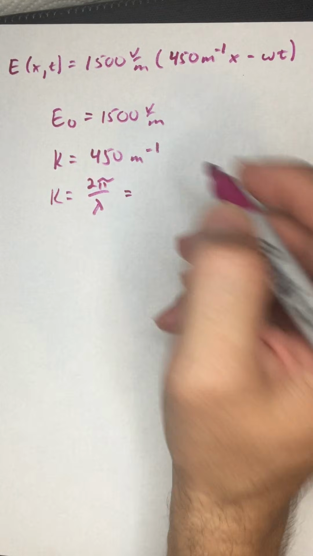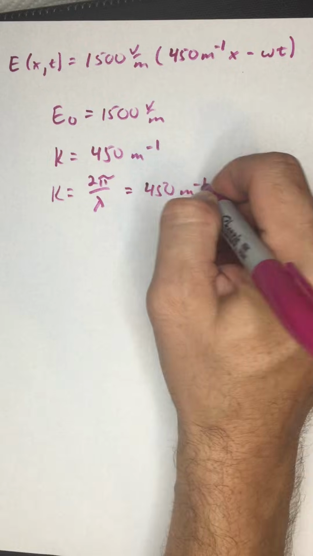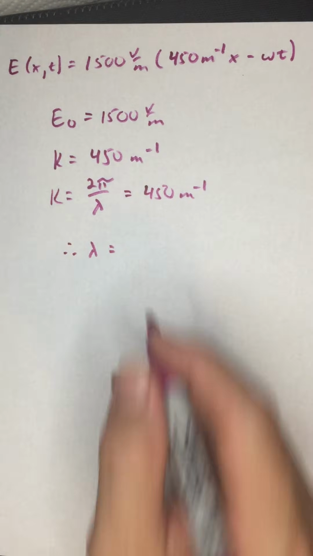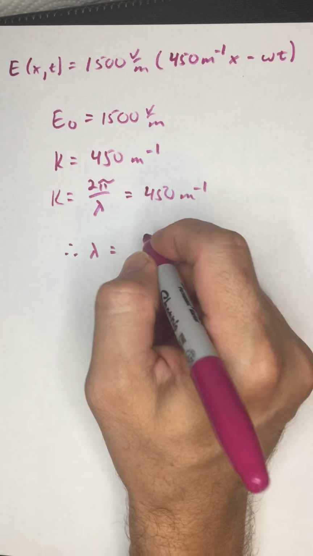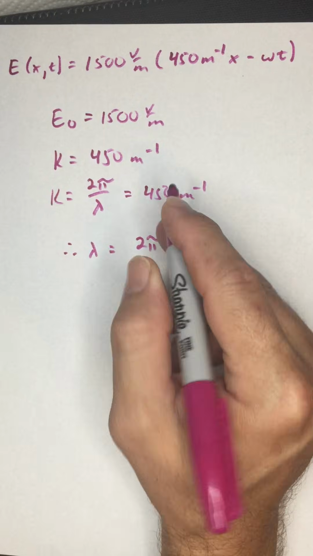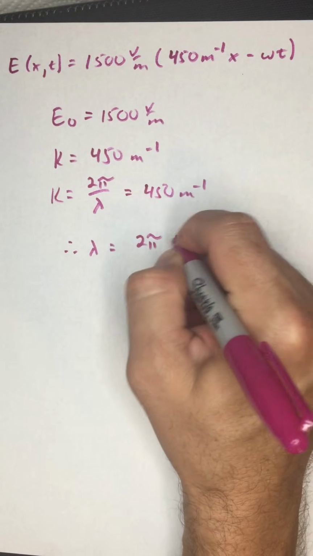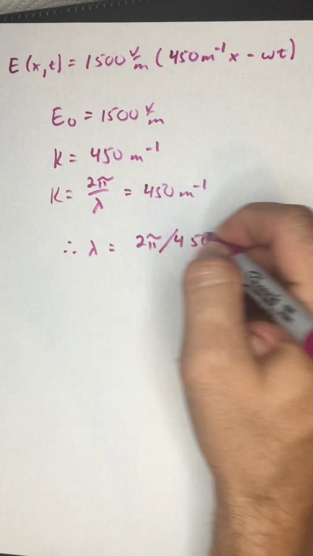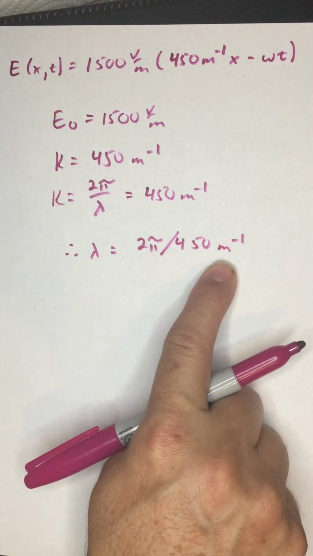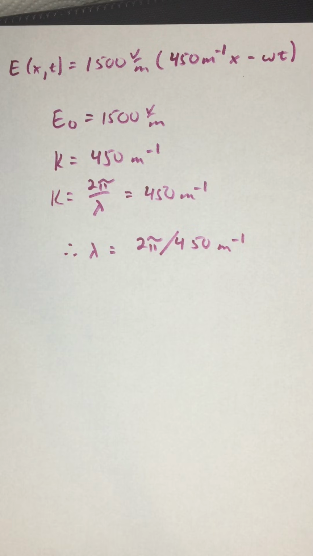So let all that equal 450 per meter. It looks like lambda then is equal to 2 pi divided by 450 inverse meters. Of course, this is an inverse in my denominator, so it will flip up to the numerator.